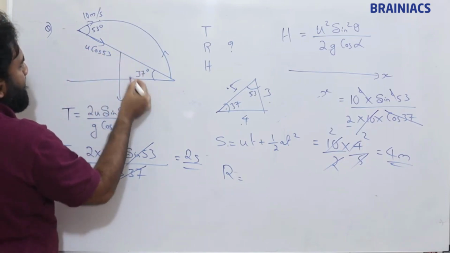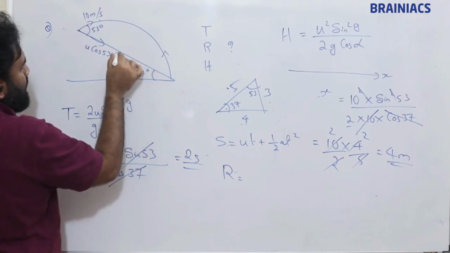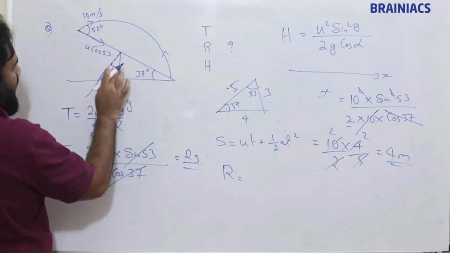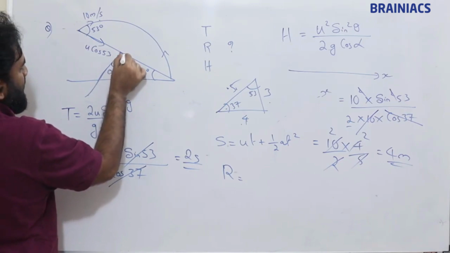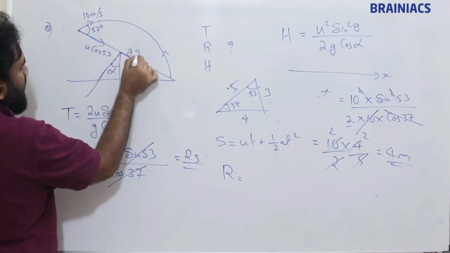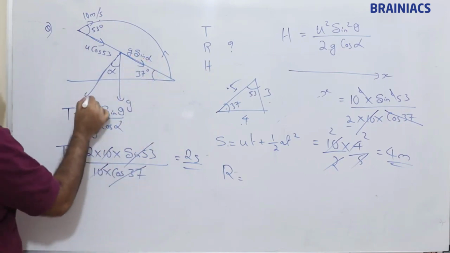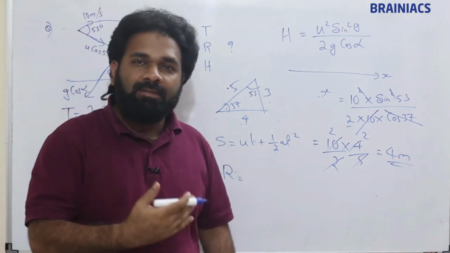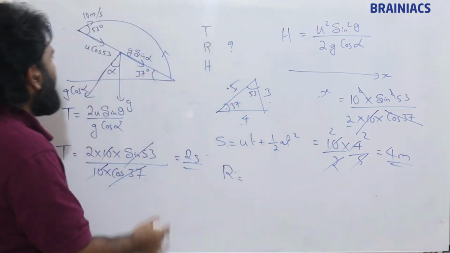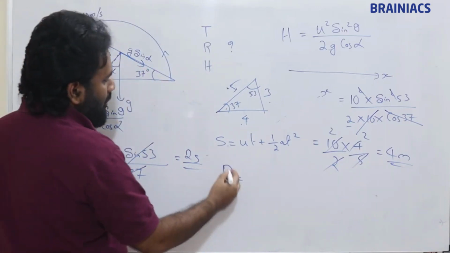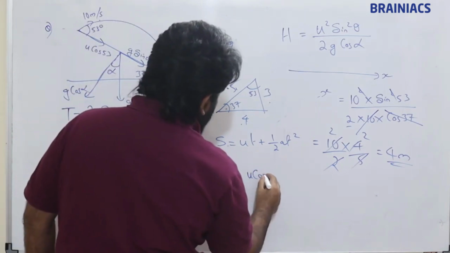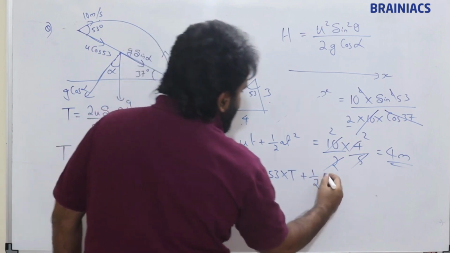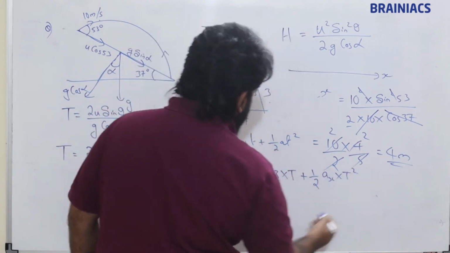If this is g, then the perpendicular component, this is alpha, this is going to be g sin alpha. Here this is g cos alpha. So this g sin alpha is aiding the motion. Acceleration direction and movement direction are the same. So u cos 53 into t plus half into ax into t square.